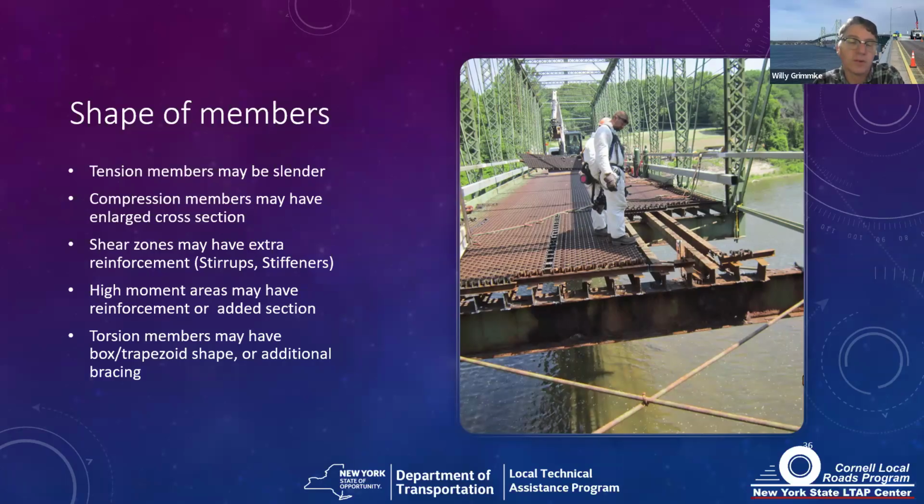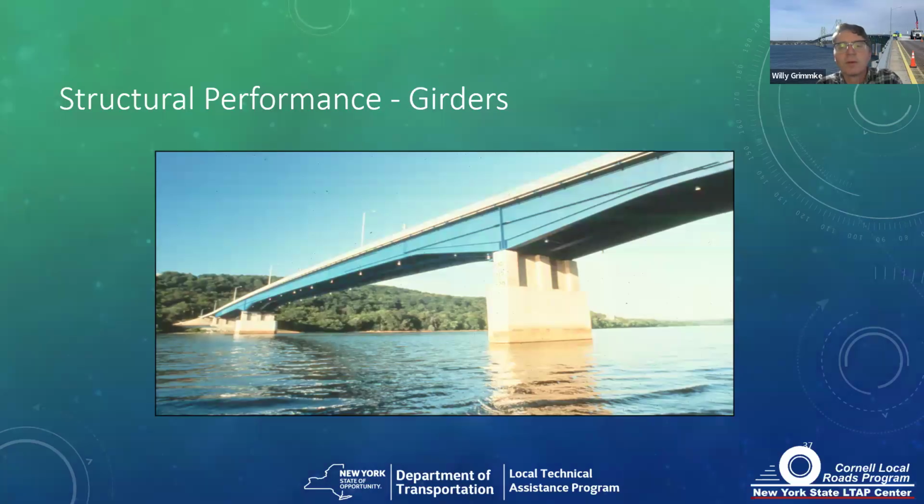It may be additional bracing, like more diaphragms, and diaphragms not perpendicular but at an angle, or you may have a box or trapezoidal shape, which is more likely to resist torsion.